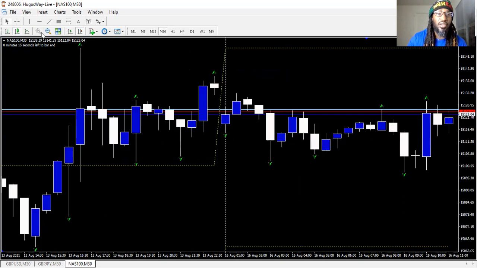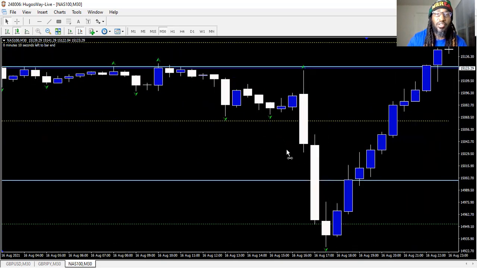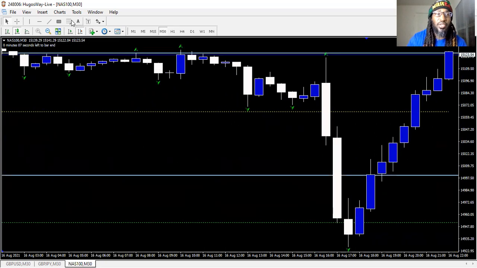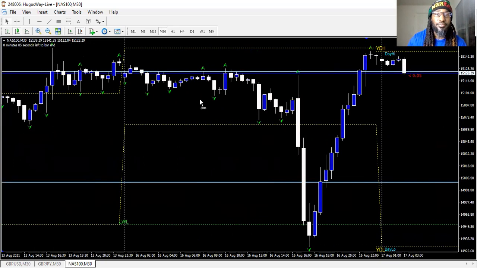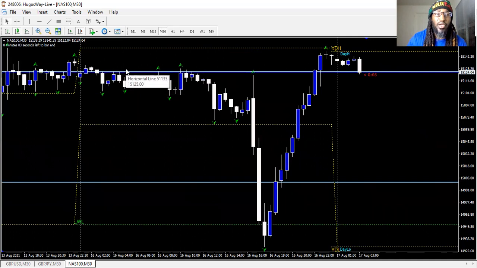All right, and as you can see here clearly, guys, check it out. When the market opened up, price broke above the 125 level, this institutional level.